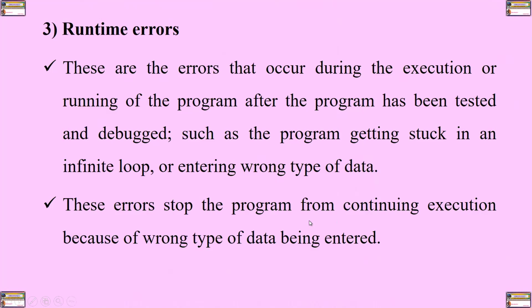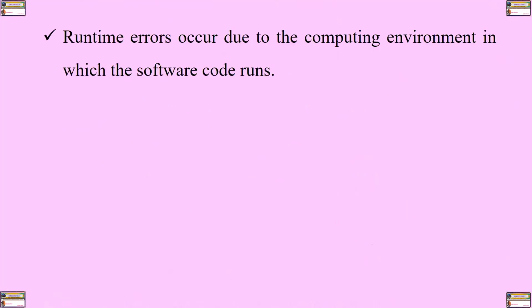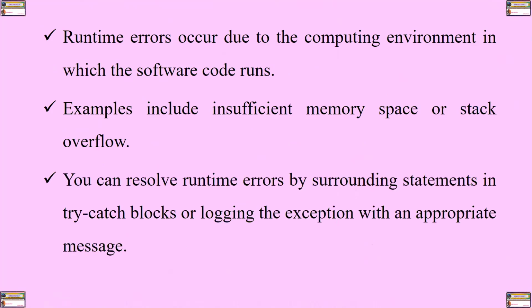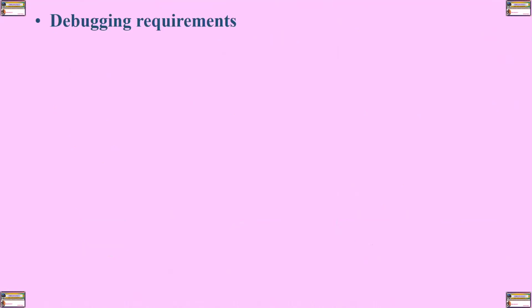These errors stop the program from continuing execution because of wrong type of data being entered. The runtime errors occur due to the computing environment in which the software code runs. Examples include insufficient memory space or stack overflow. You can resolve runtime errors by surrounding statements in try-catch blocks or logging the exception with an appropriate message.